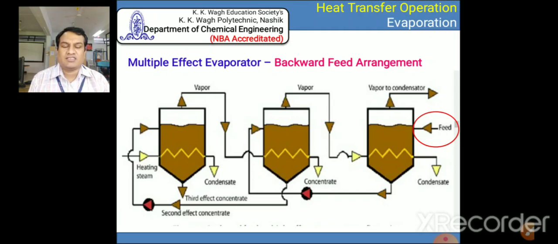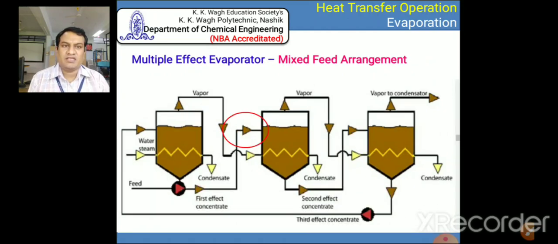So it is not a natural phenomenon, so we have to add a pump, and that is why the pump cost as well as the maintenance cost is additional. But in the first effect, the high temperature and high pressure condition is there, that is why we can get higher concentration liquor as a final product. So when we require highly concentrated liquor and we don't want to bother about the cost, then we can opt for the backward feed arrangement.